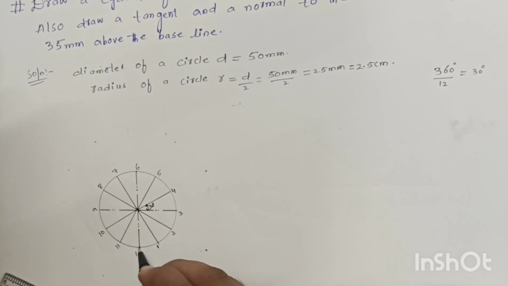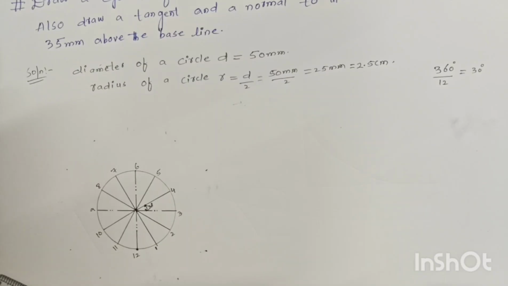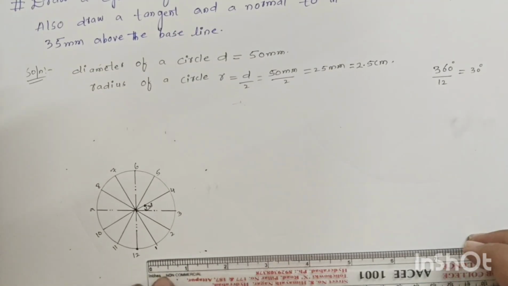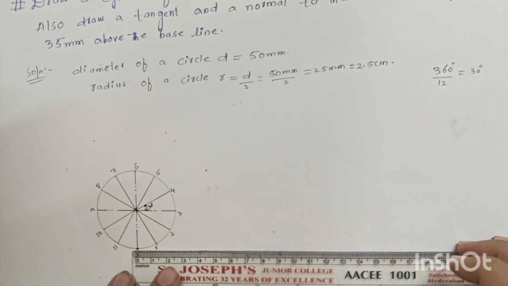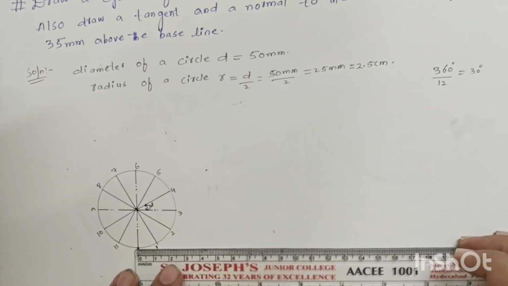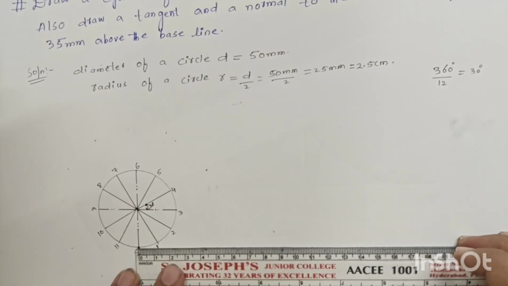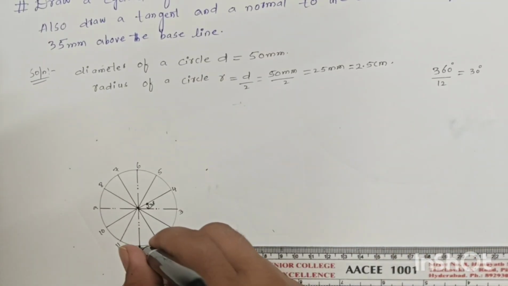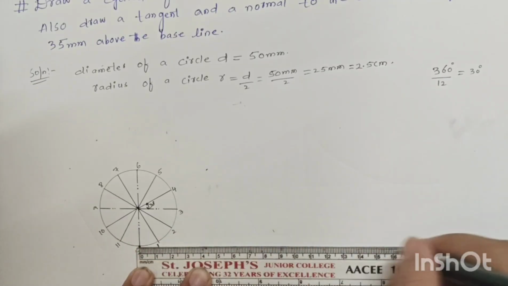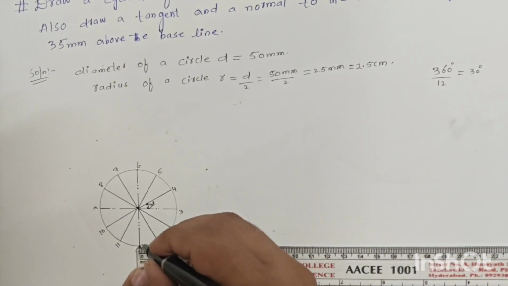So this is our base point. From this base point we need to take a length. We have to use the formula here, pi d. We know that this is the base of a circle.